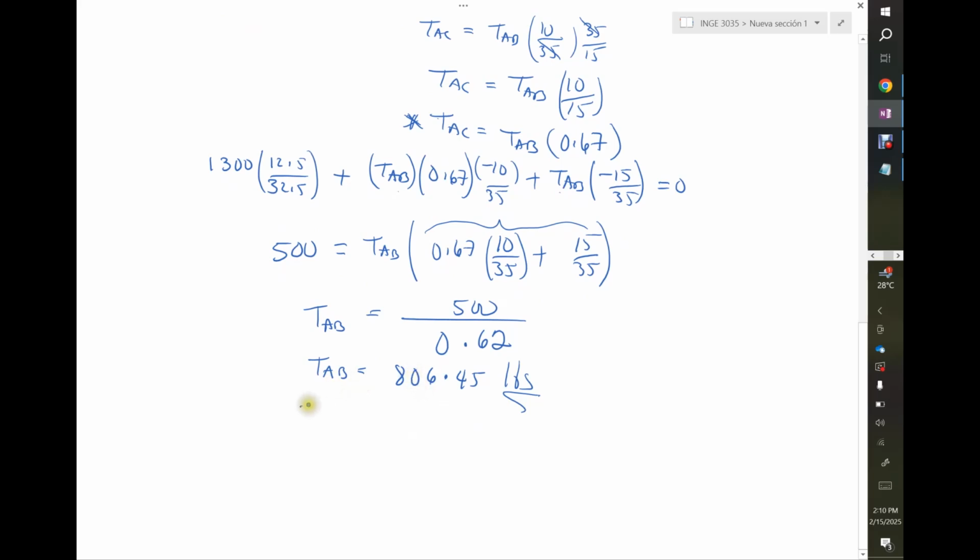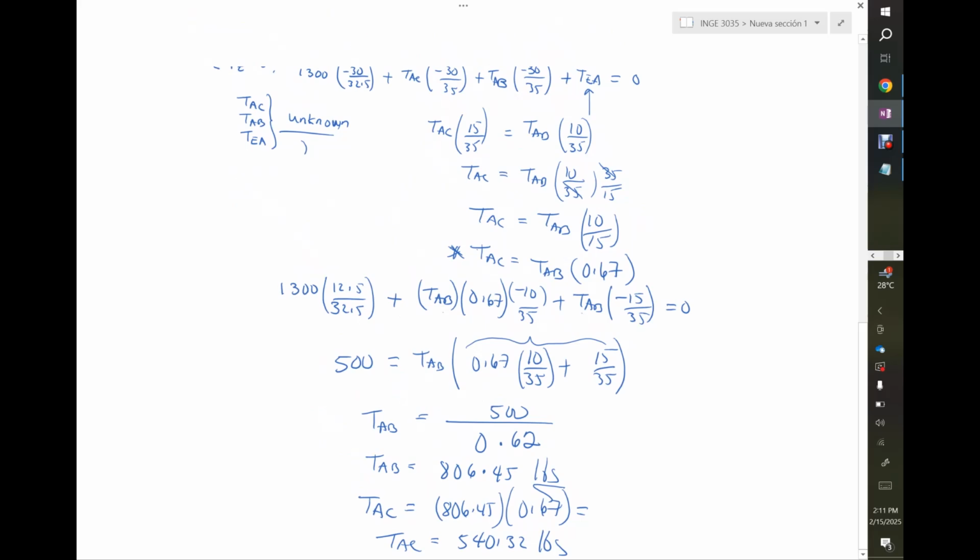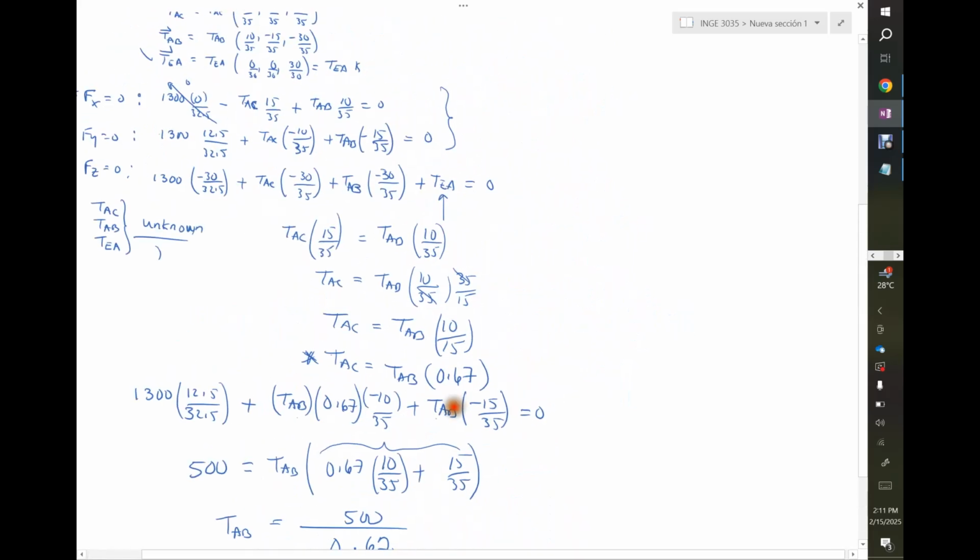So that means that TAC, remember, is based on TAB times 0.67, so 806.45 times 0.67, and that will be 540.32 pounds.